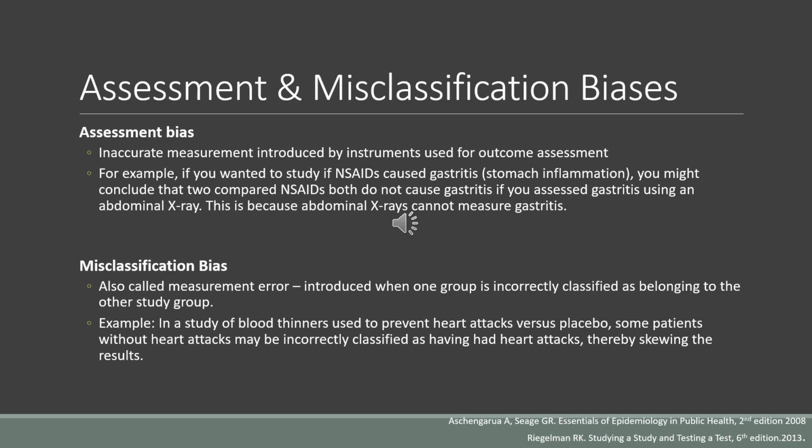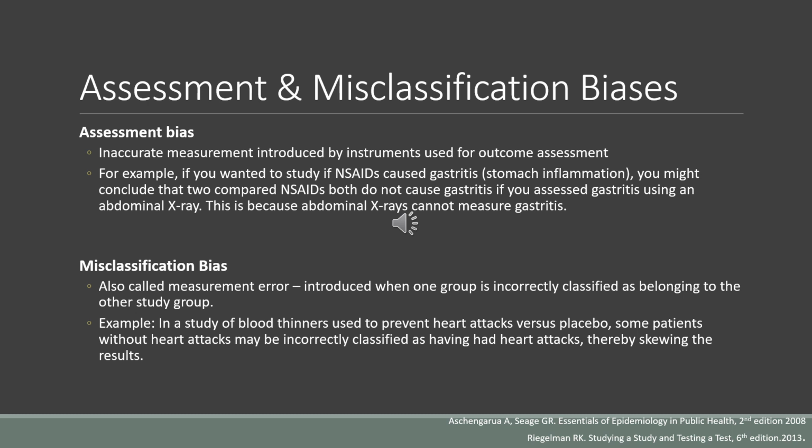But this is simply because abdominal x-rays cannot measure gastritis. So even if ibuprofen caused 10 times the incidence of gastritis than naproxen, you would never be able to know, because you have an assessment bias because of the tool you're using. This causes your result to be biased towards the null in this case.